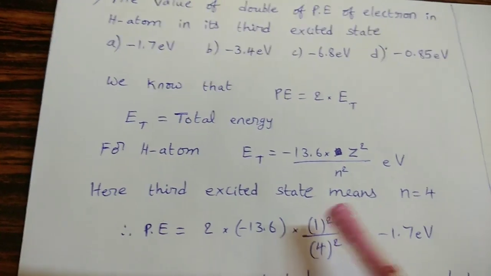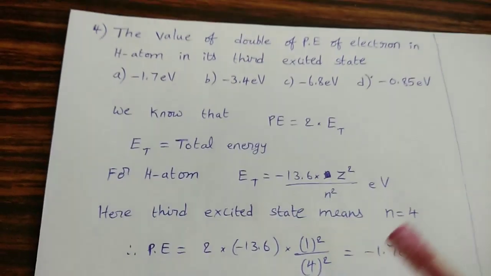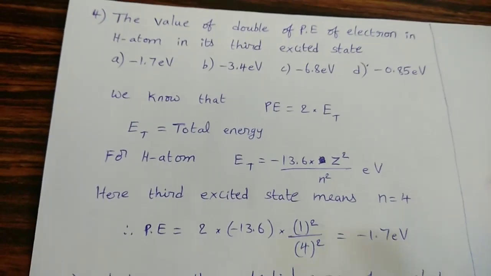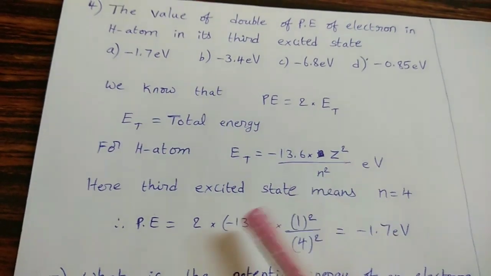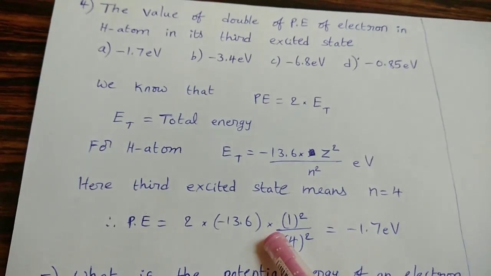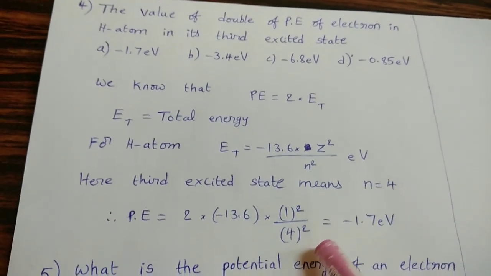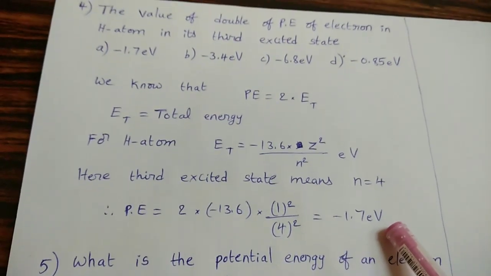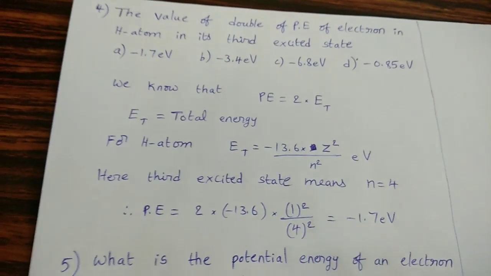Here third excited state means n equal to 4. First excited state means second orbit. Second excited state means third orbit. Third excited state means fourth orbit. So n value 4. So potential energy equal to 2 into, in place of Et we can substitute this one, minus 13.6 into, for hydrogen Z value 1, n value 4, 1 square divided by 4 square. So we can get minus 1.7 electron volts. This is the double of the potential energy of electron in third excited state.